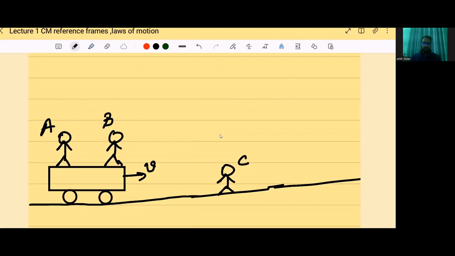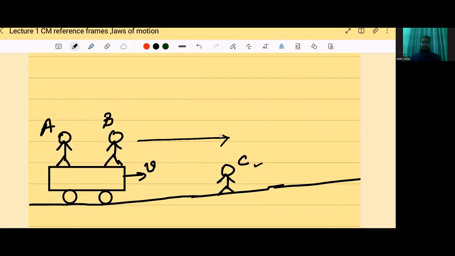A and B are not moving; they are sitting there on the vehicle, and the vehicle is moving with velocity v. And C is standing on the roadside. So according to B, A is not in motion; relative to him, he is at rest. But according to C, as the vehicle is moving in this direction, A is in motion. So what will we say? That A is in motion or at rest?